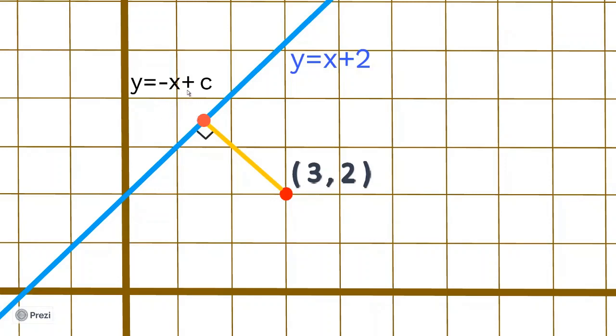It should satisfy y is equal to minus x plus c. So I will substitute this value (3, 2) into this equation, y is equal to minus x plus c. So it will be 2 is equal to minus 3 plus c, which is c is equal to 5.